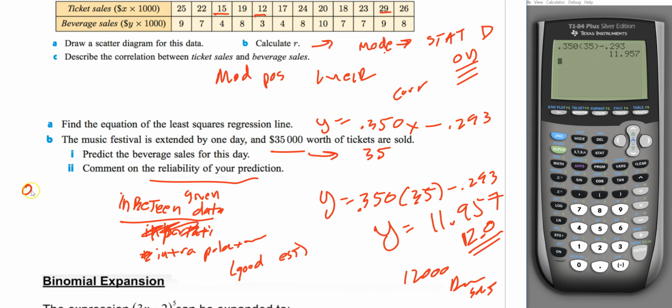If it's outside the given data, like 35 here, then we call that extrapolation, and it's usually not good. Again, it's not always 100%. If it's really close to the values and had a strong R, I would say it would be a good estimate. But in this case, since our R is not strong and it's outside the data set, I'll say it's a bad estimate.